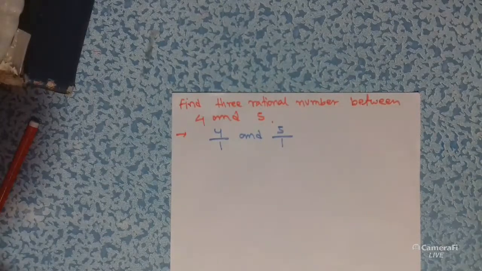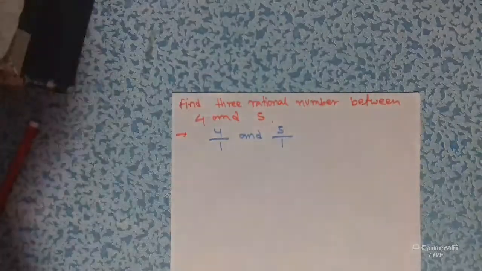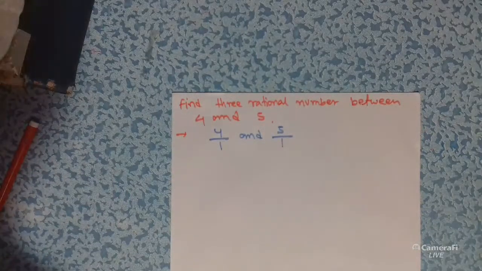Anup sent 13 by 30, 14 by 30 and 15 by 30. Okay, so you multiplied both the numbers by 30. But maximum students have sent 17 by 4, 9 by 2 and 19 by 4.